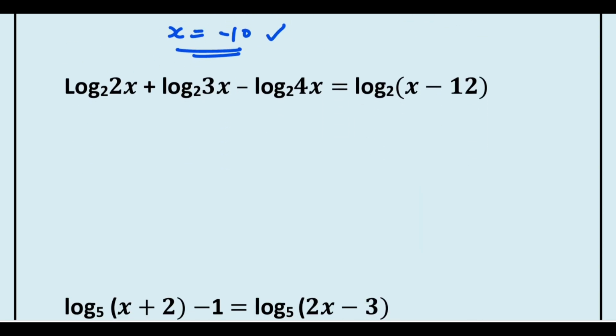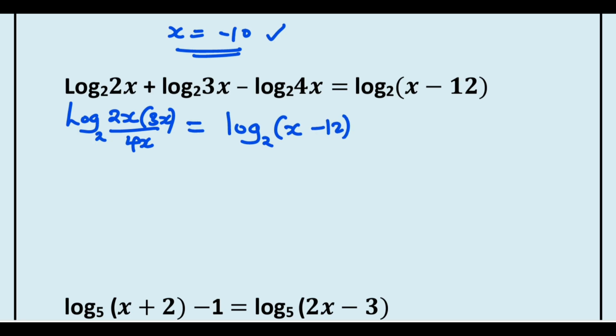The next, log 2x plus log 3x minus log 4x is equal to log (x minus 12). Remember, throughout, the bases are 2. So the first thing is to use the laws of logarithms to simplify the left side. So we shall have log 2x plus log 3x means multiplication, and then minus log 4x means division, the base is 2, is equal to log to base 2 of (x minus 12).